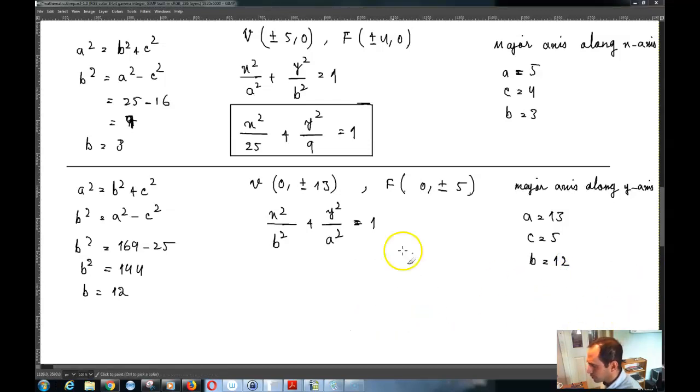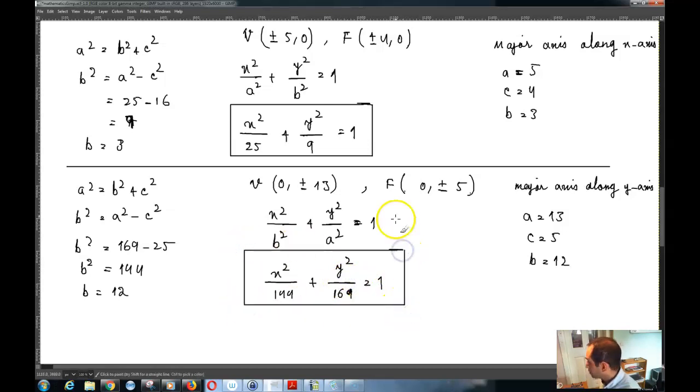So then you can write, for example, x squared by b squared 144 plus y squared by a squared, which is 169, is equal to 1.